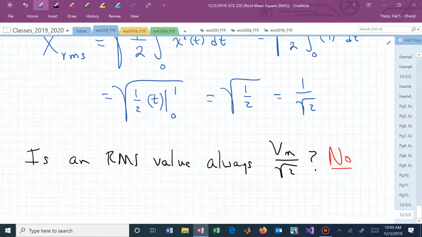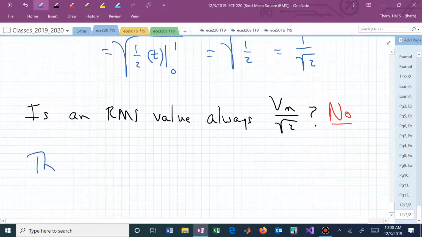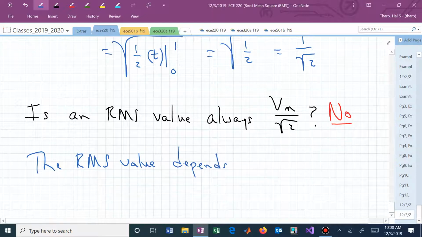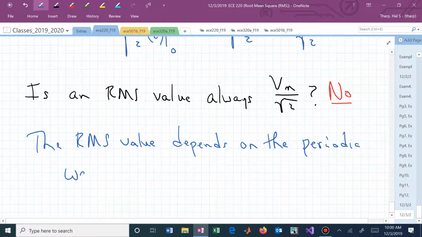Let's now look at some others. The RMS value, in fact, depends on the functional form of this periodic waveform.